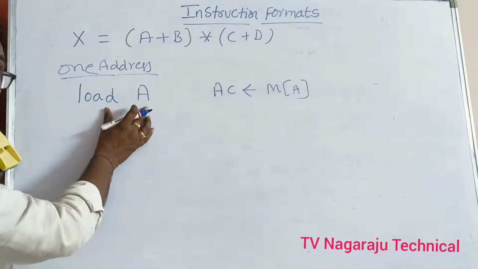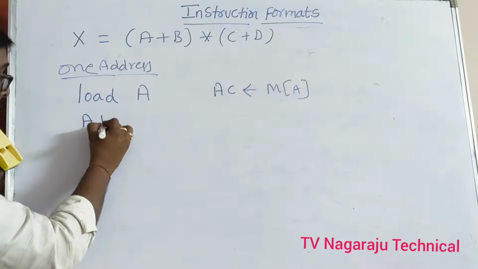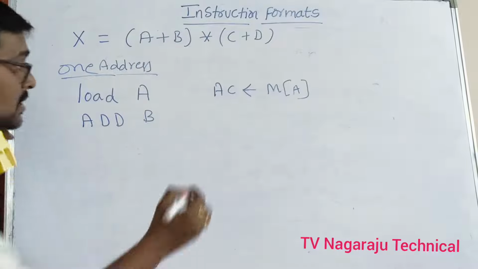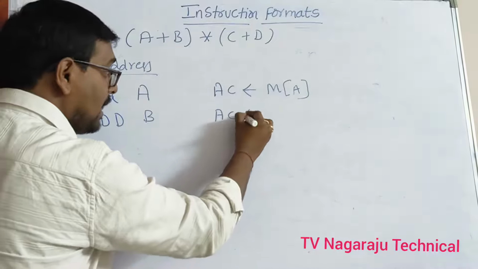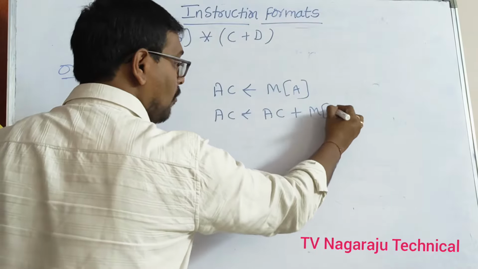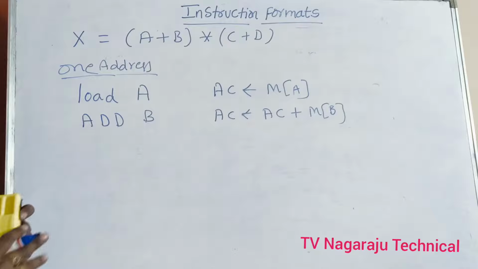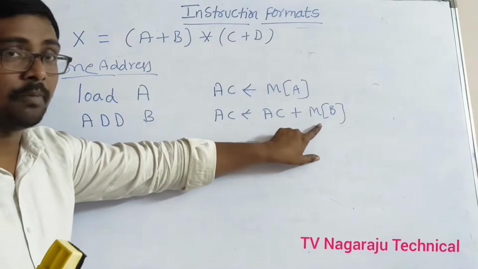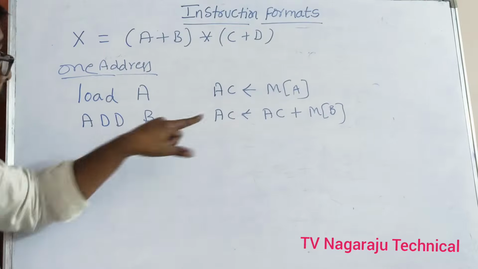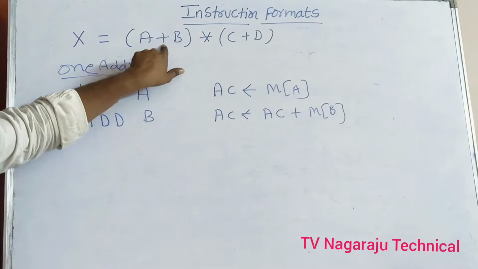Next, after loading A, what I am doing? ADD B. ADD B in the sense by default it adds the content with the accumulator: AC ← AC + M[B]. This operation is performed. Now, where is my result? My result is in AC.